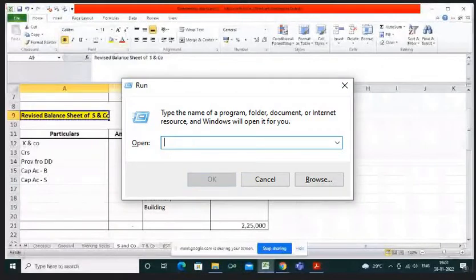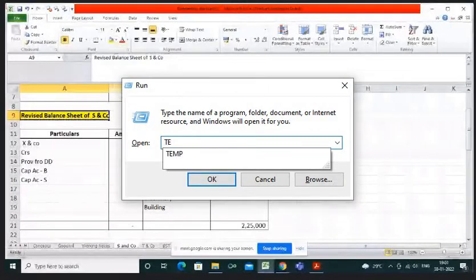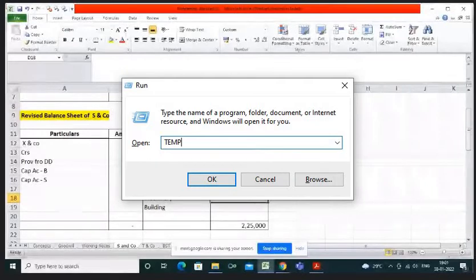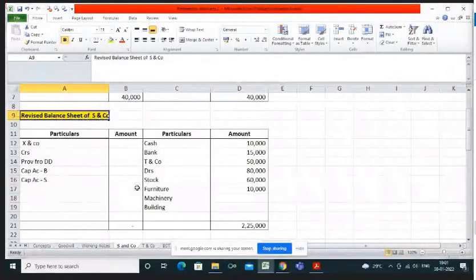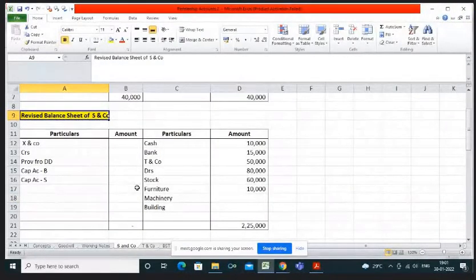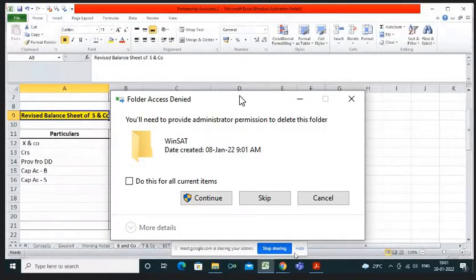And then furniture 10,000. Now you have to be very careful. This is called the revised balance sheet. I am naming it as a revised balance sheet. This is part of our working notes only.